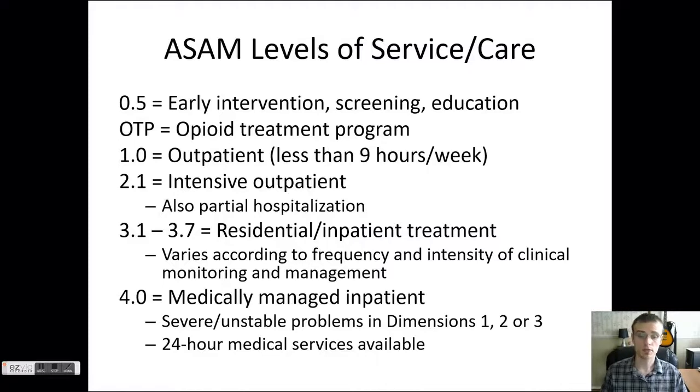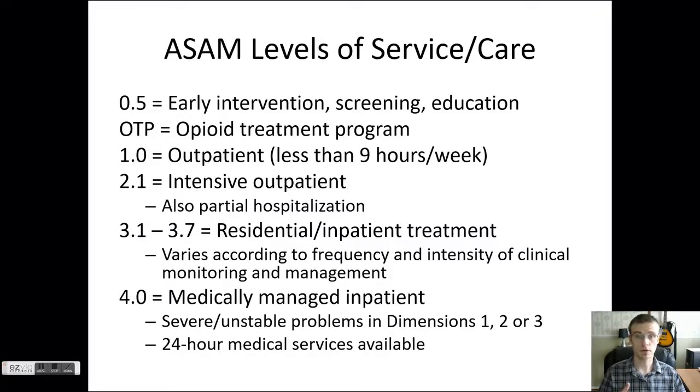And really, this is supposed to be the most limited time of all these places that somebody may be prescribed to. It should be only if they're dealing with severe or difficult problems of instability from dimensions 1, 2, or 3, where they would require 24-hour medical services. Really, it's only the first 3 dimensions where somebody would be required to be hospitalized.